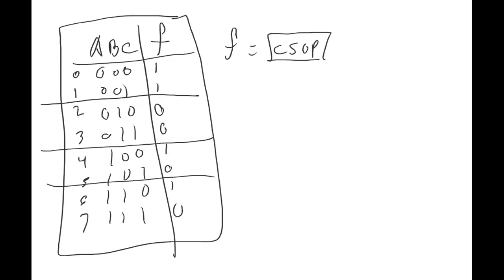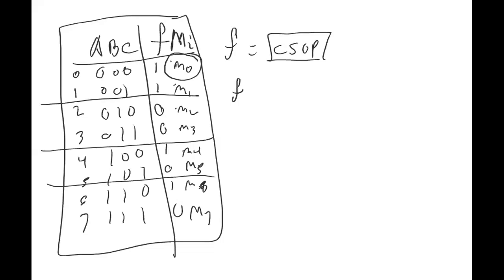This will be M0, M1, M2, M3, M4, M5, M6, M7. So anywhere there's a 1, the so-called minterm, M sub i, must be available.